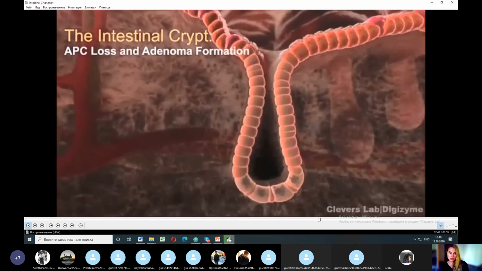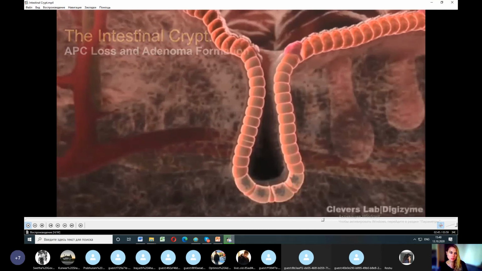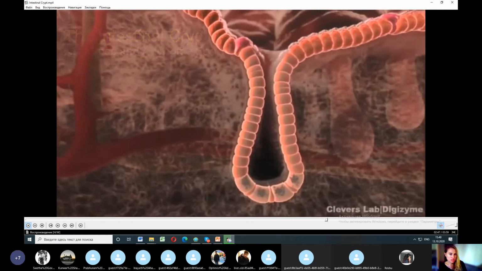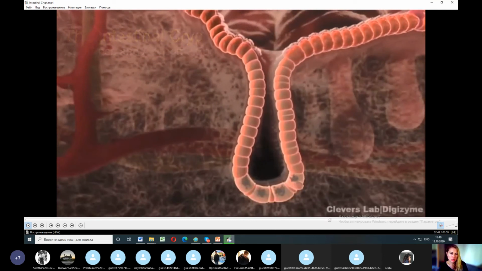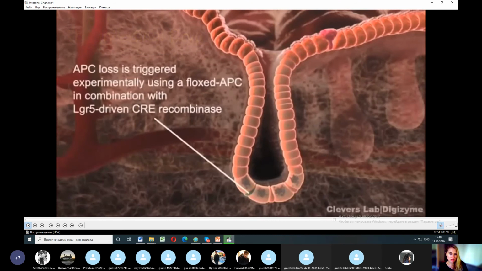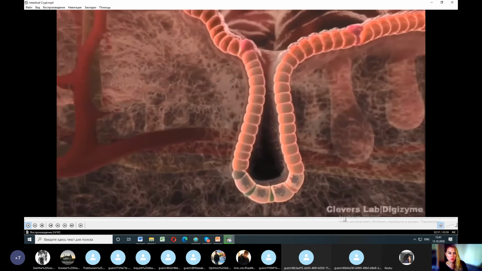So we know that our immune system has protective mechanisms that prevent formation of the cancer processes.